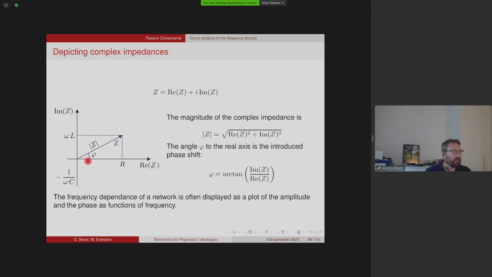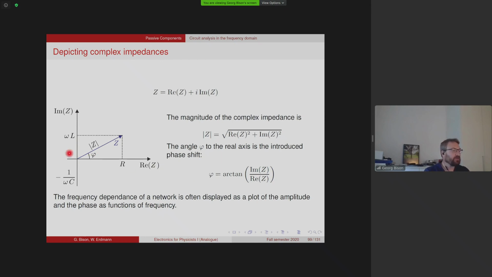Okay, and now what is easy to do if you want to characterize the behavior of a complex network, it's typically done by plotting the amplitude and the phase separately as a function of frequency.